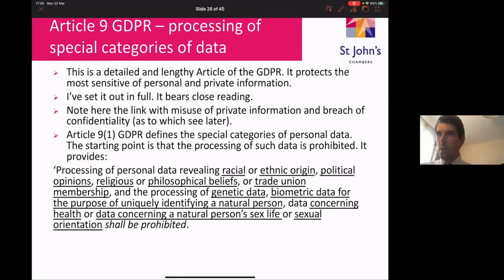Article 9.1, again, it sets out what the special categories of data are. In short, as I say, it's the most sensitive kinds of information about a subject: racial or ethnic origin, their political opinions, their biometric data for the purposes of uniquely identifying who they are, their health data, or data concerning their sex life or their sexual orientation.